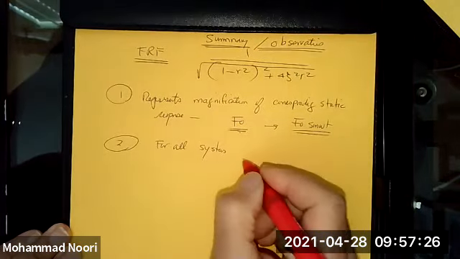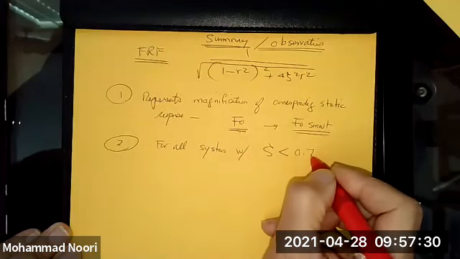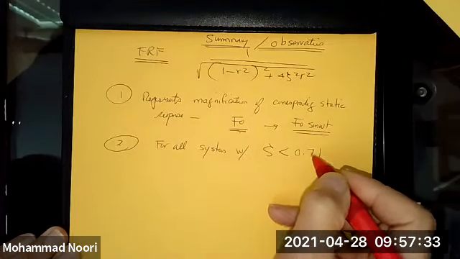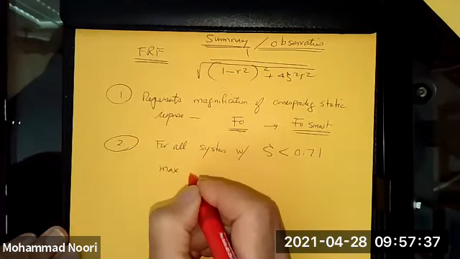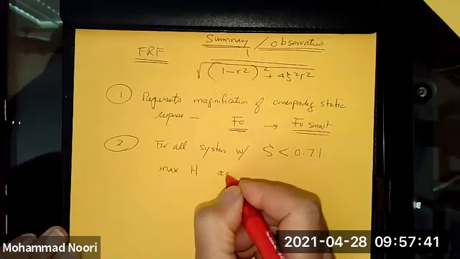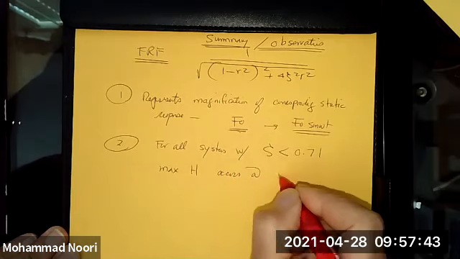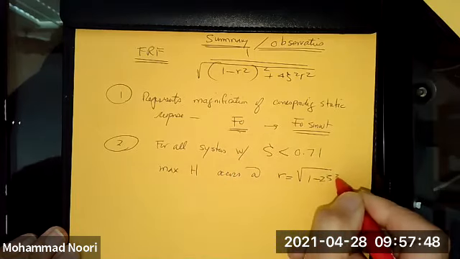For all systems with a damping ratio of less than 70%, roughly speaking, maximum H occurs at R equal to the square root of 1 minus 2 zeta squared.